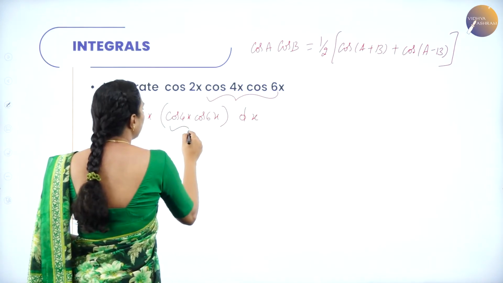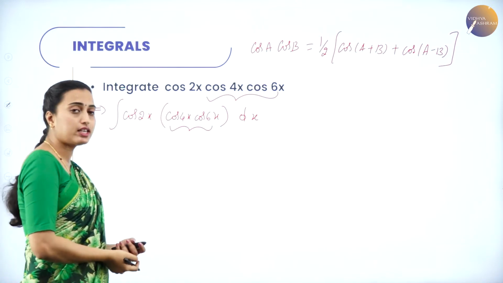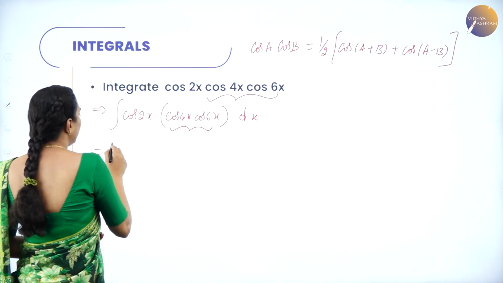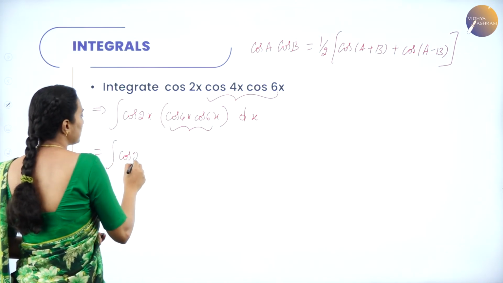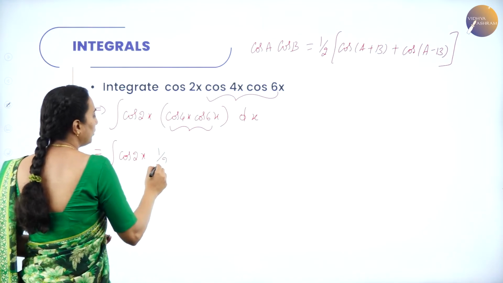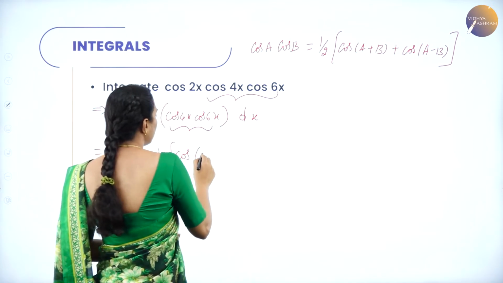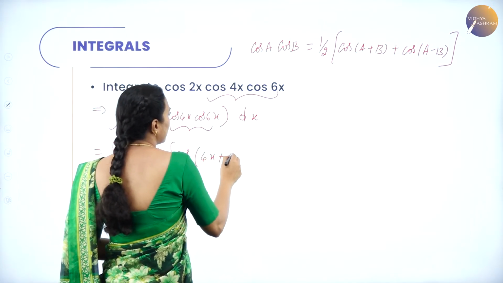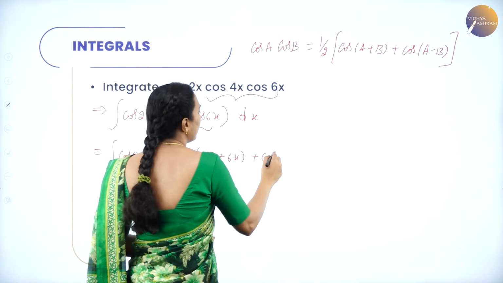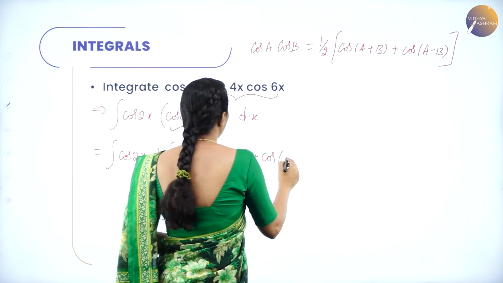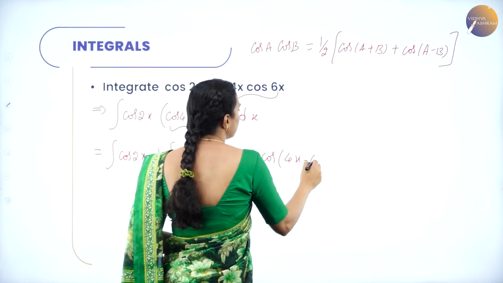Now you are having the formula for this one as cos A into cos B, which will become integral of cos 2x into 1 by 2 into cos of A plus B, which is cos of 4x plus 6x, plus cos of A minus B, which is cos of 4x minus 6x.